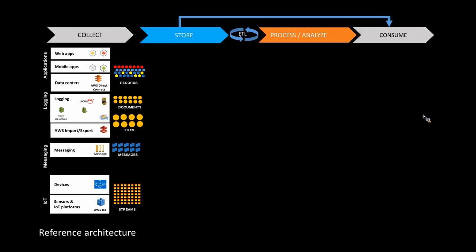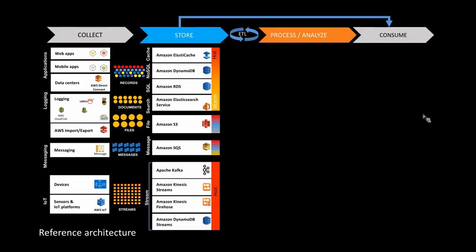We have logging systems that can generate logs, documents, files, messaging, and then most importantly, streams. Those come out of the collection system and move into storage. We've got a variety of things like NoSQL, SQL, document indexing, files, etc. And on the streams, you can run open source systems like Kafka, but also managed services like Amazon Kinesis and Kinesis Firehose, and also DynamoDB streams.